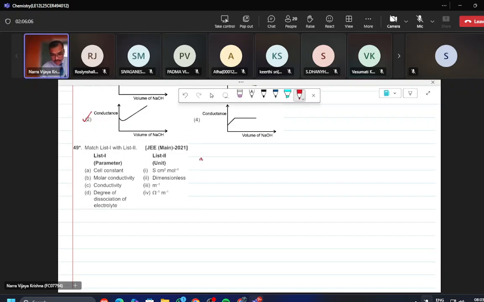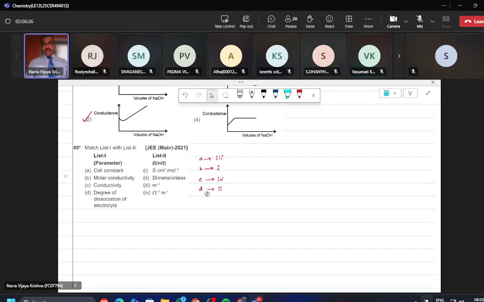Molar conductivity, Siemens centimeter square per mole. Conductivity, ohm inverse meter inverse. Degree of dissociation alpha, no dimensions. Right? Next.